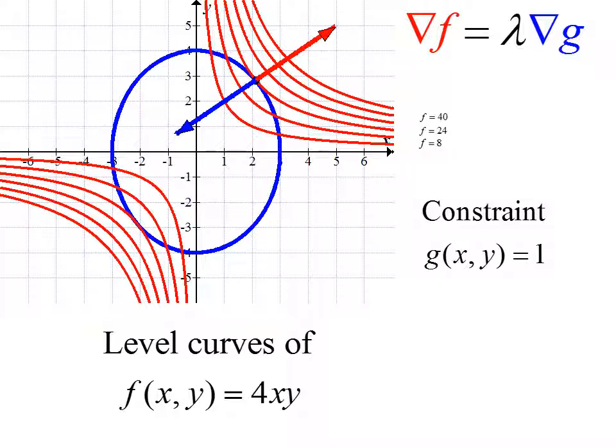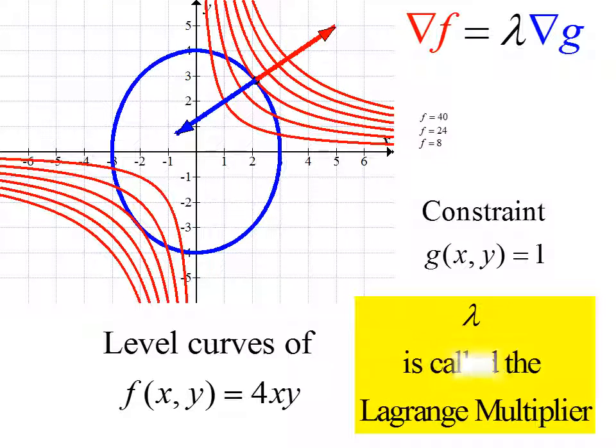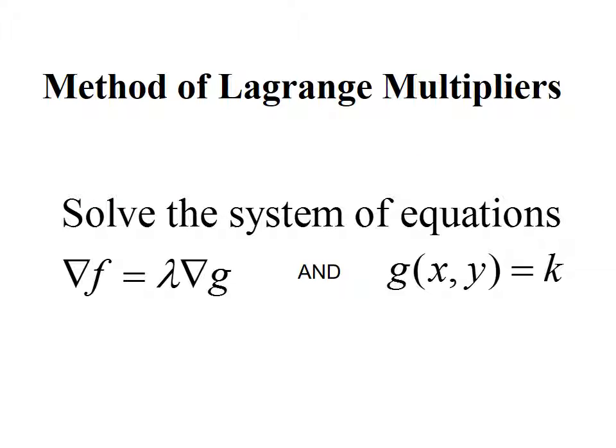Our goal is to find the values of x, y, and lambda, although we don't really care what the value of lambda is, such that the two gradients are equal. Now, the lambda, which starts with the letter L, is used to represent something called the Lagrange multiplier. So this is the method of Lagrange multipliers.